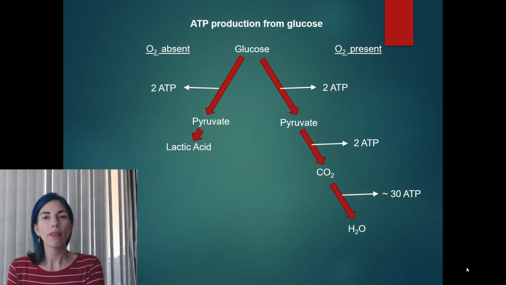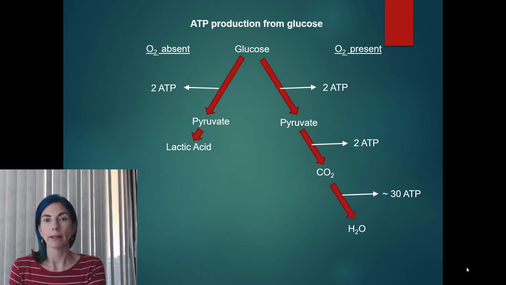Okay, so we know that if oxygen is not present in the mitochondria while oxidative phosphorylation is being performed, oxidative phosphorylation will just stop altogether because the electron transport chains become jammed and therefore unable to accept any new electrons.